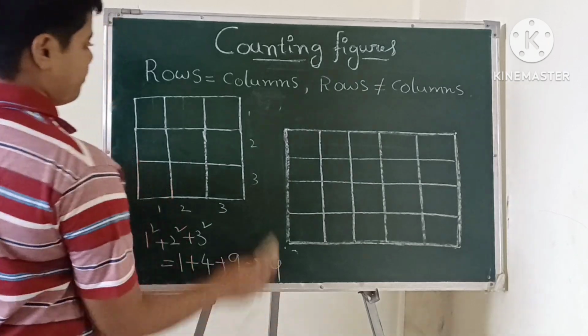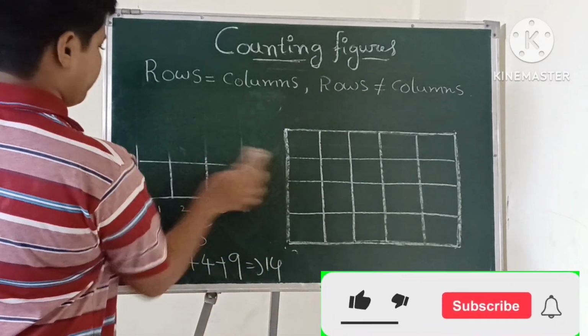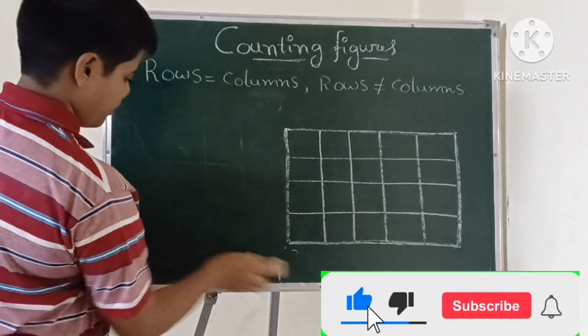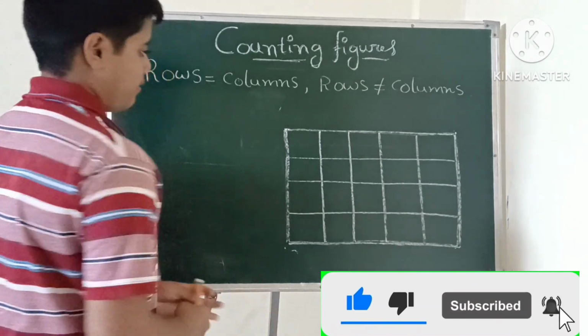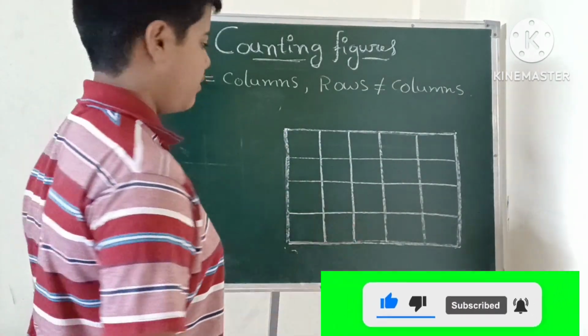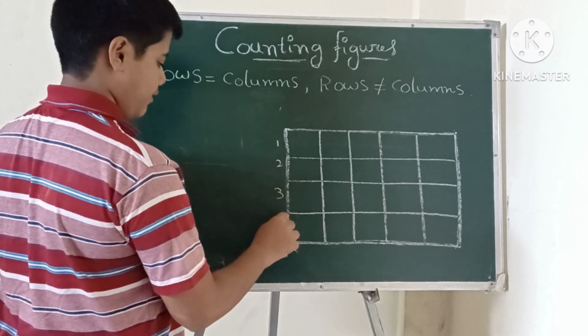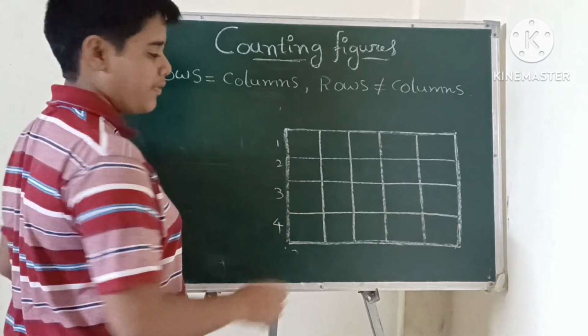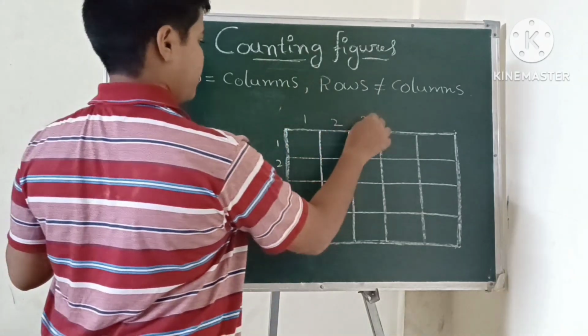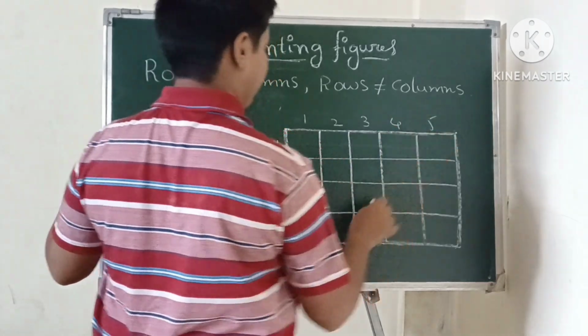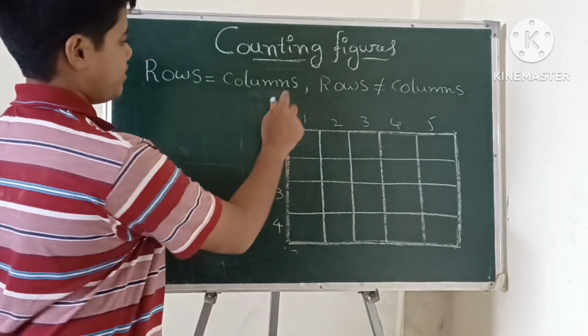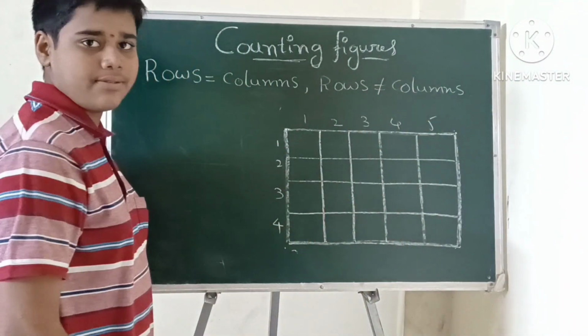So if we see this big square, here 1, 2, 3, 4 columns are there, and here 1, 2, 3, 4, 5 rows are there, which means rows is not equal to columns.